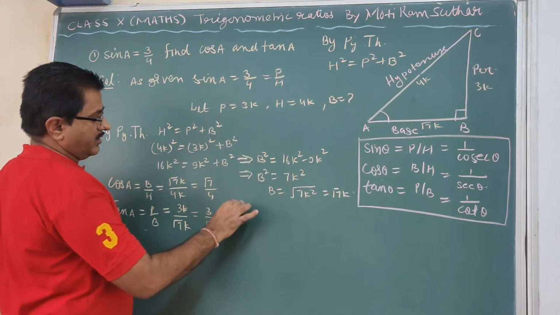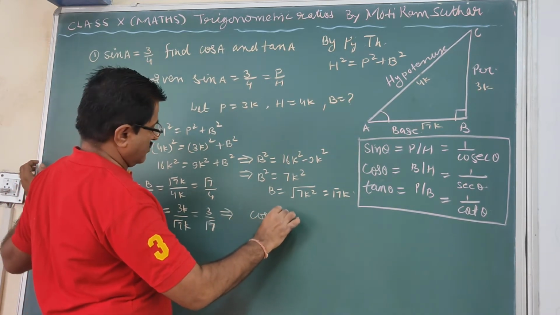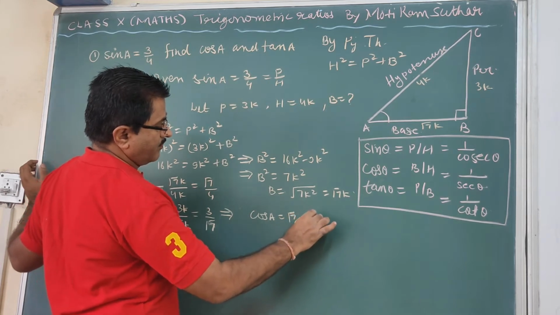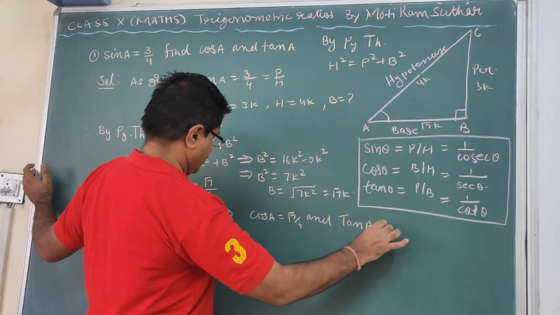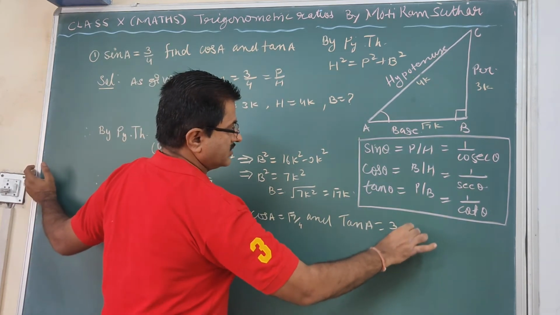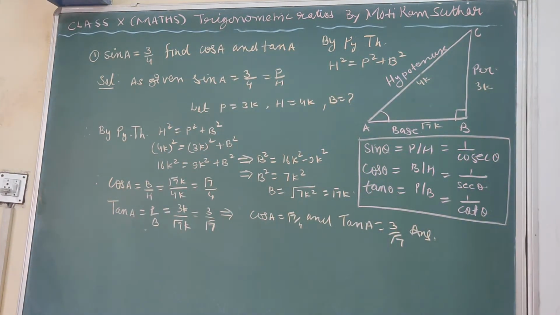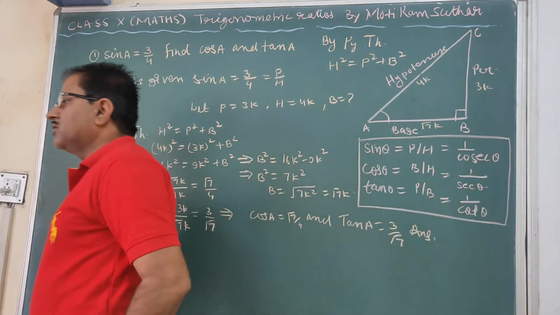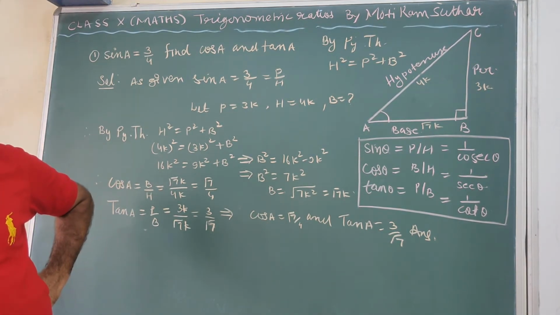So finally we get cos A equal to root 7 by 4 and tan A equal to 3 by root 7. This is our answer. Is this clear? It means that with the help of the Pythagoras theorem and using these six trigonometric formulas, we can find the values of any trigonometric ratio. One is already given and we have to find the others.